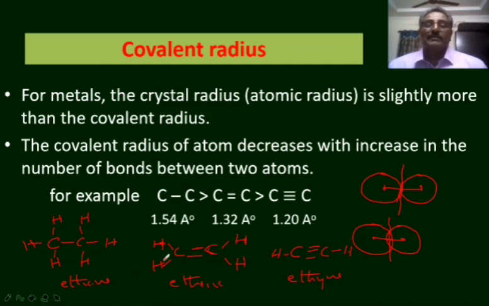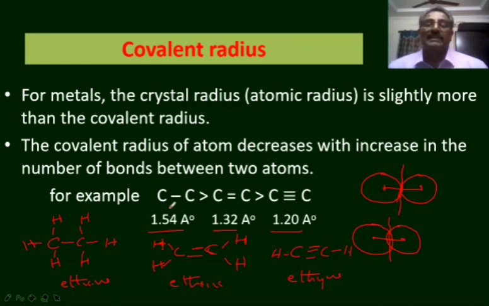The carbon-carbon bond is different in the three compounds. The length of a carbon-carbon single bond is experimentally found to be 1.54 angstrom units. The length of a carbon-carbon double bond is found to be 1.32 angstrom units, and the length of a carbon-carbon triple bond is found to be 1.20 angstrom units.